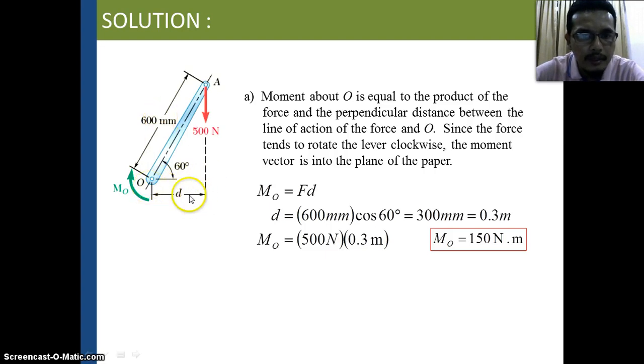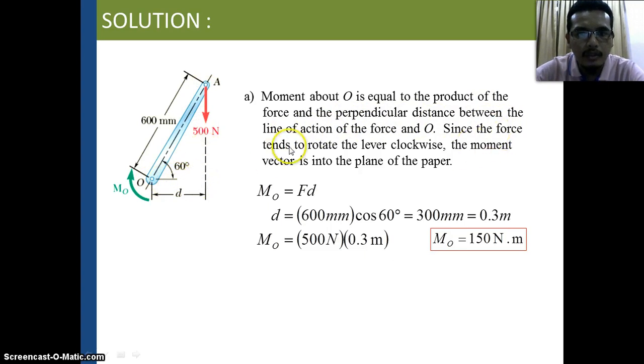So we need to find the length of this D in order to get the moment. The moment is 500 Newton multiplied by D, because the moment about O is equal to the product of the force and the perpendicular distance between the line of action and O. This D is perpendicular to this 500 Newton force.